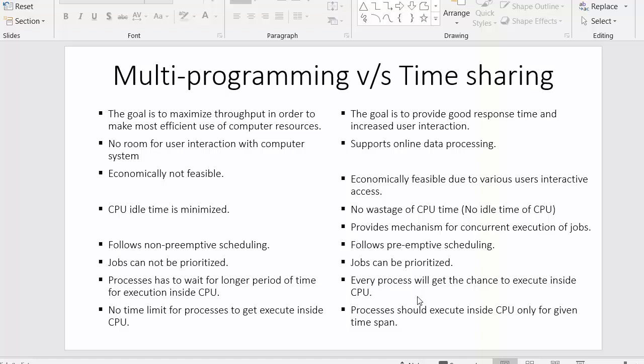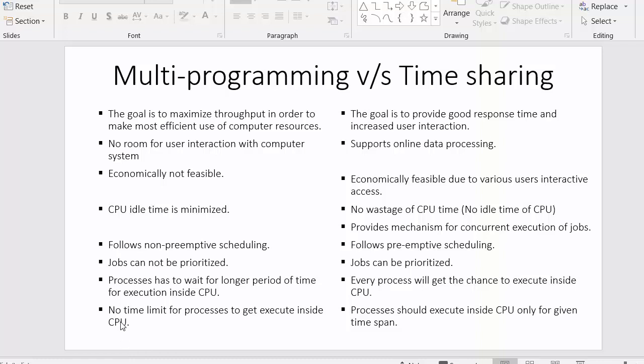Once that time span gets over, the processor will pick the second process from the main memory. Like this, each and every process will get executed for its given span of time. So although processes have to wait, that waiting time will be less than the waiting time of processes in multiprogramming.